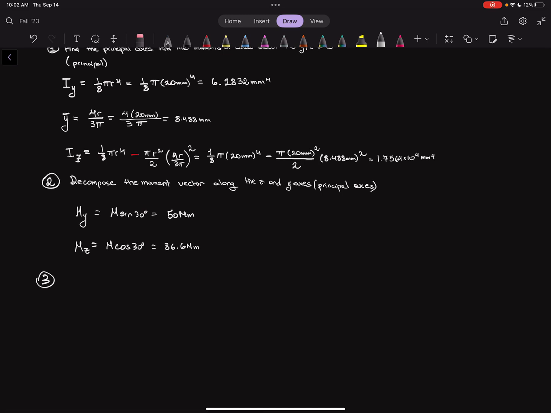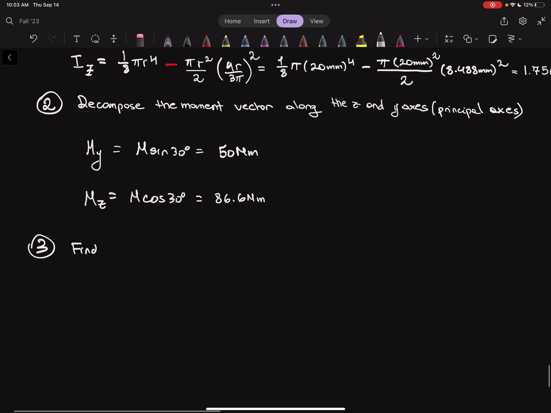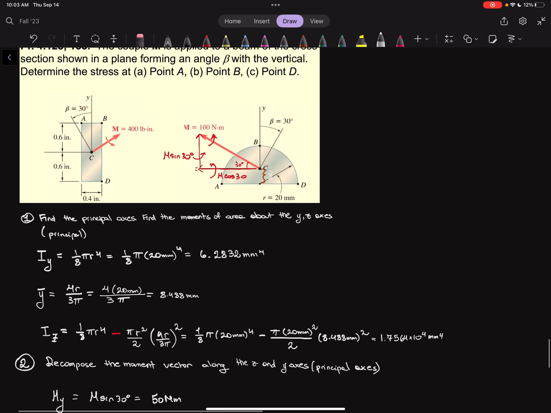Step 3, what is step 3? Find the distances of the points of interest. We're going to have to find distances from the y-axis and distances from the z-axis, because we have moments about both of these axes.